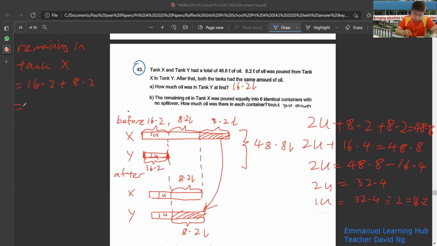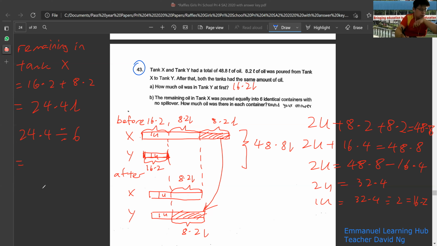You know why 16.2 plus 8.2? Yeah. Okay. Then divide by 6.